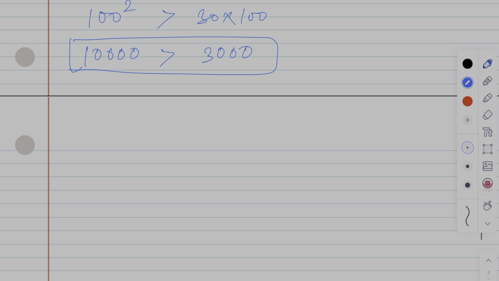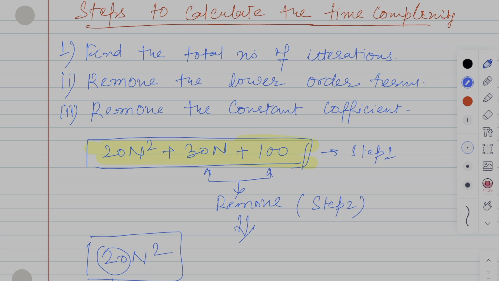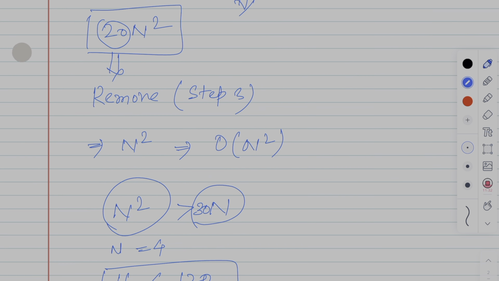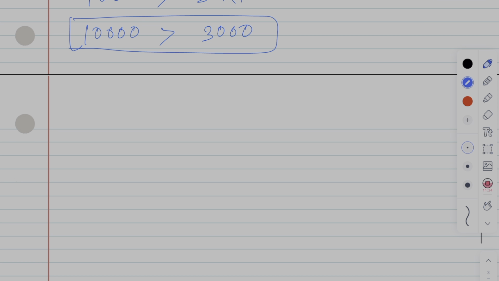Now, moving to step number 3. Step number 3 was: remove the constant coefficient. So, do you think if I have written 10n square or 20n square or 30n square, will these constant terms be affecting the growth of this algorithm? For larger inputs, the n square will be independent of these constant terms. Why? Because n square decides the rate of growth.